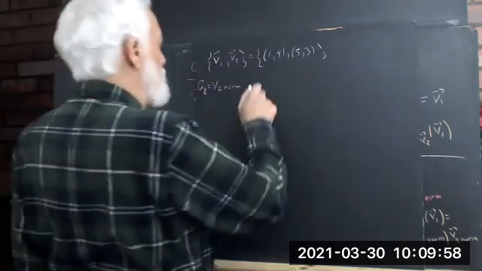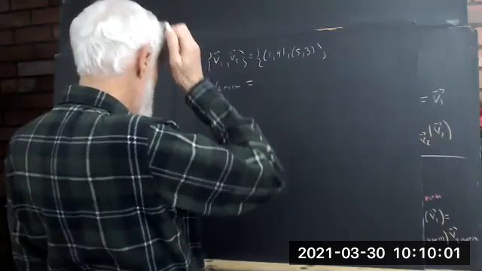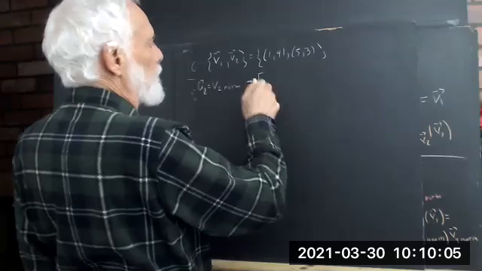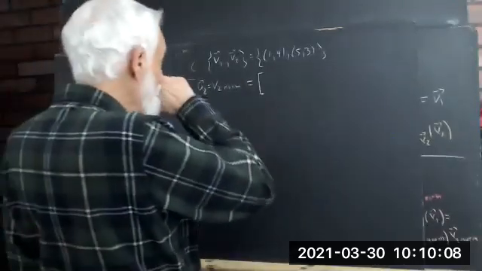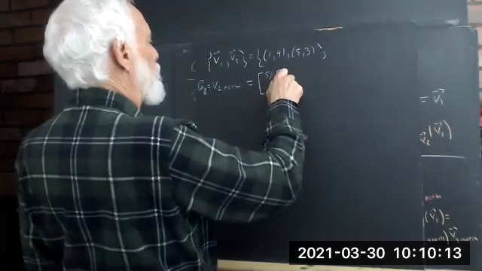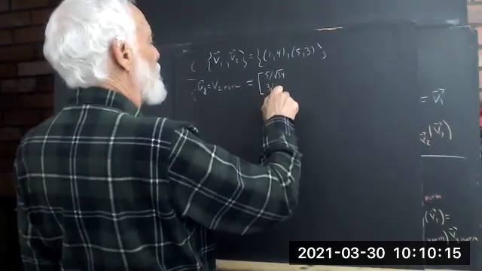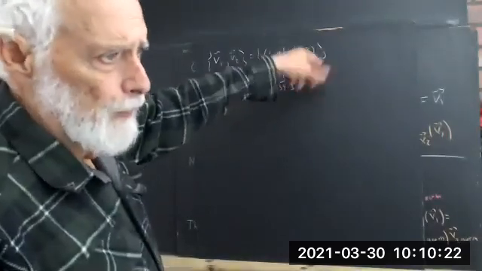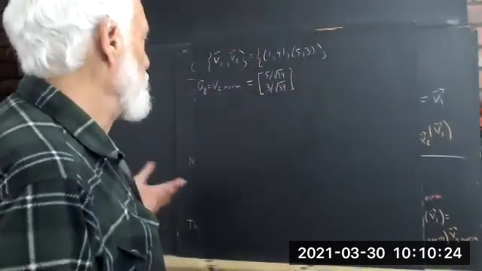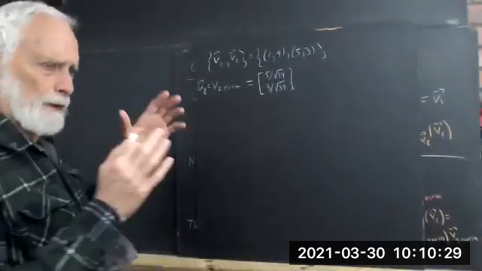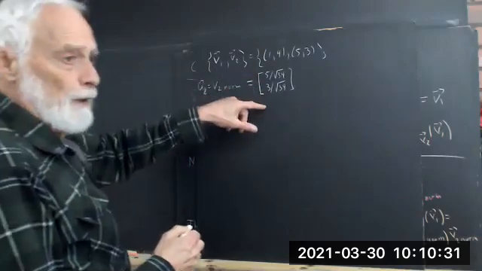V2 norm just equals the vector. Now I'm going to put it in column form. 5 over the square root of 34, 3 over the square root of 34, because the magnitude of this, 5 squared is 25, 3 squared is 9. Add them up, you get 34, and then the square root, Pythagorean theorem that I'm not even going to justify anymore. There it is.